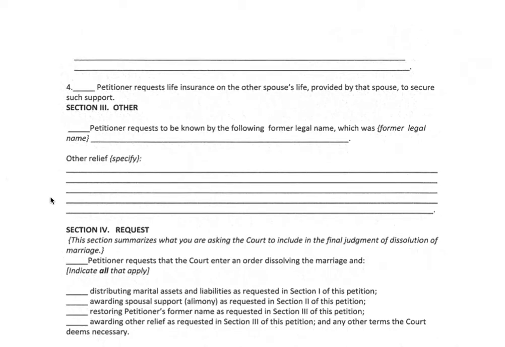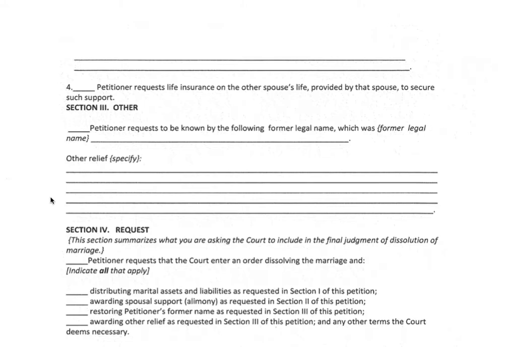Other relief is anything else that wasn't discussed above. Usually assets and liabilities are included in that, but sometimes there are things that are not really included in the assets and liability. One of the things I usually bring up is pets. If you have pets that you both love and you don't know who should get quote unquote custody, then this is one section.